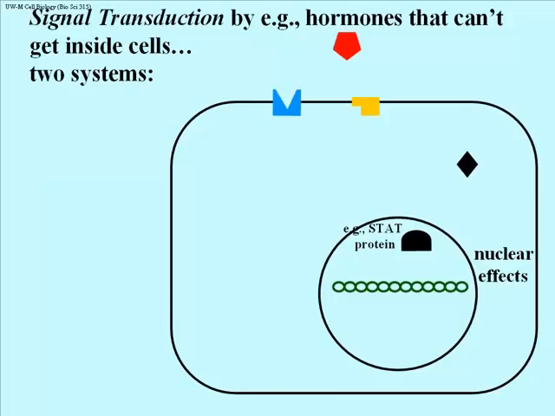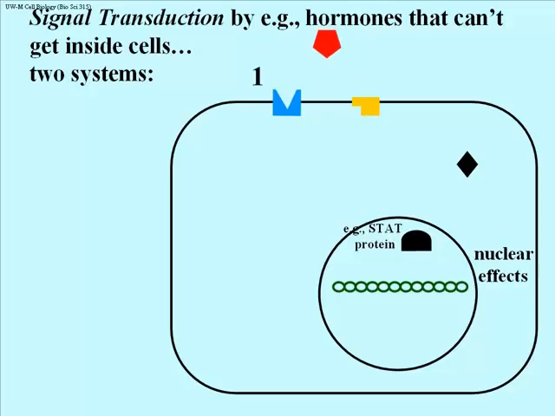Let's take a look at an overview of signal transduction. And this is, again, by hormones or substances that cannot get inside cells. And we recognize two fundamentally different mechanisms by which such signals or hormones would work. So let's look at one of them right here. This is one. The hormone binds to a membrane receptor, changes its shape, which allows it to interact with another protein in the membrane.